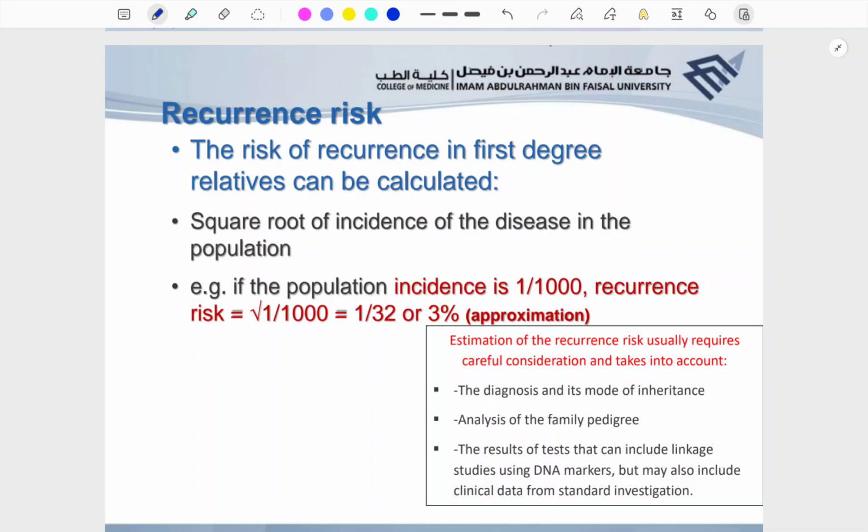You should be able to calculate that. If I give you the population incidence, you could work out the recurrence risk.